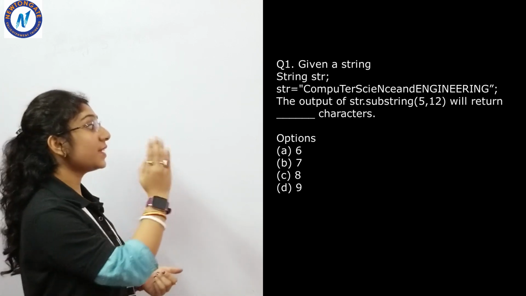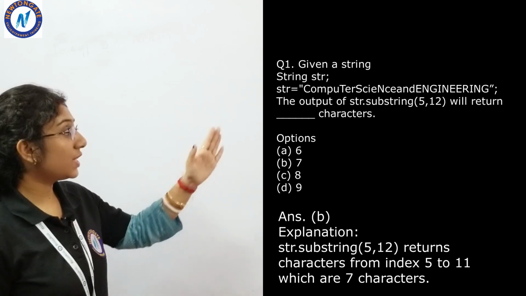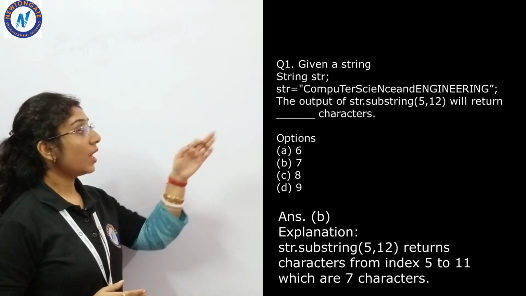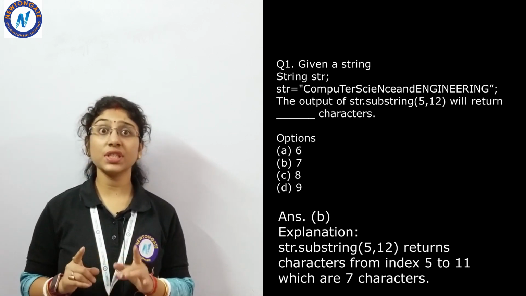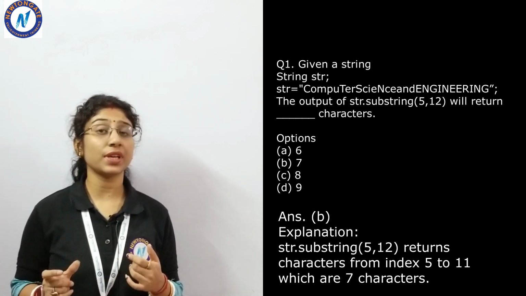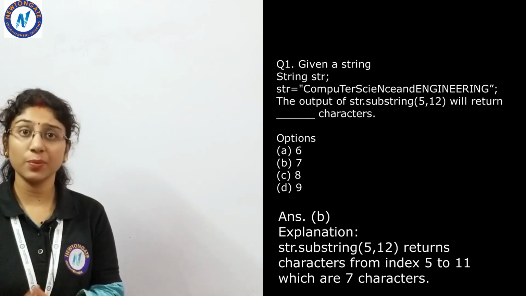So the following statement will return 7 characters. You can check from U to I, it will extract 7 characters. The question is how many characters, not the substring. So whenever you are going through a question, please read it very properly.